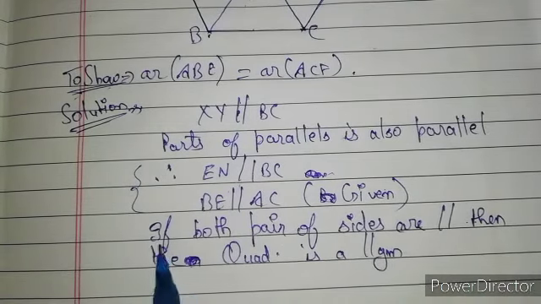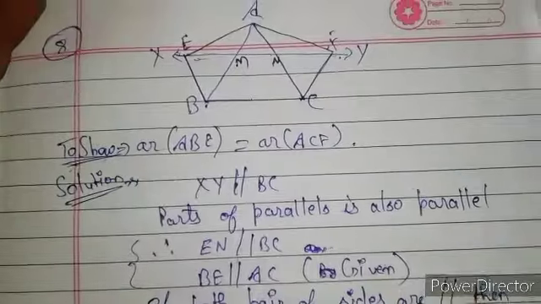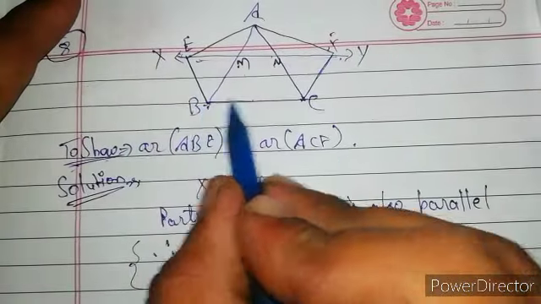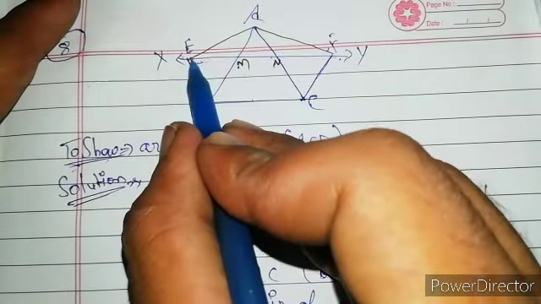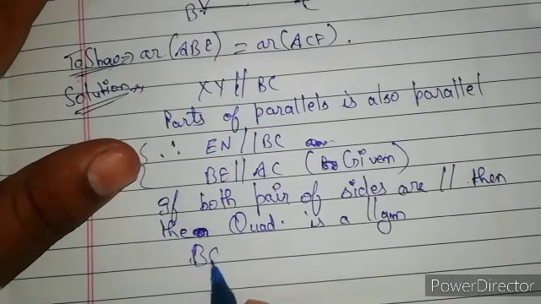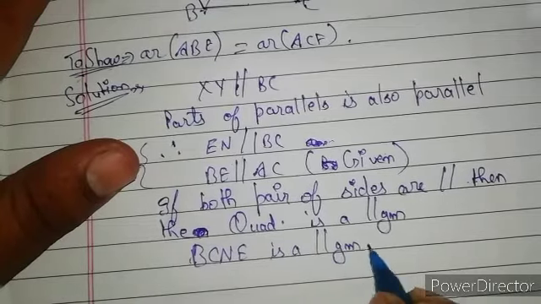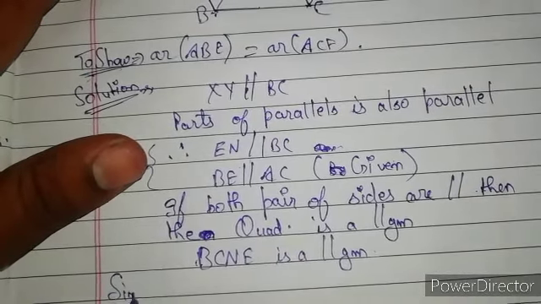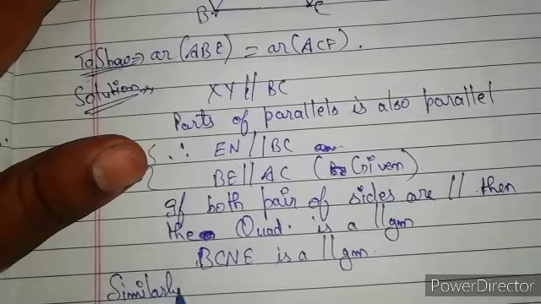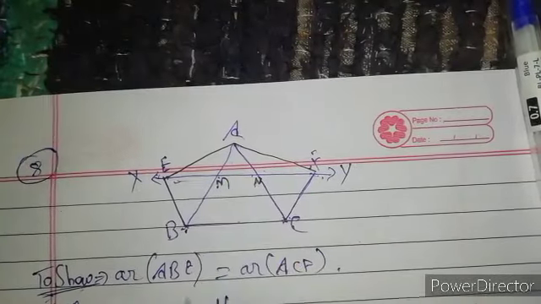So here, if both pairs of opposite sides are parallel, then the quadrilateral is a parallelogram. So here, look, the quadrilateral BCNE is a parallelogram. Okay, similarly we can write that BCFM is also a parallelogram.